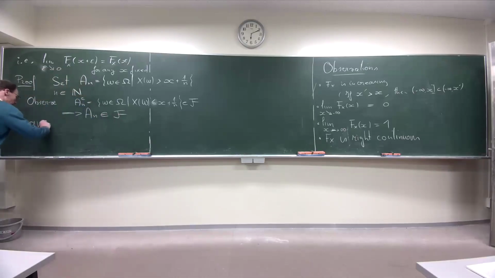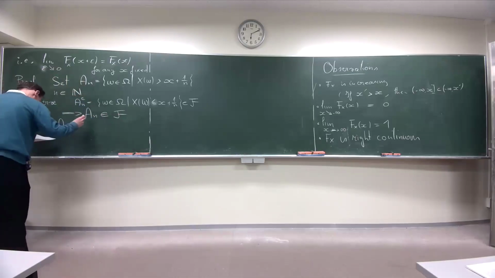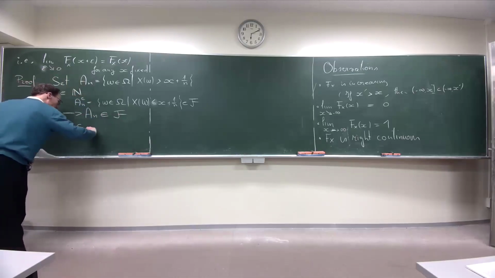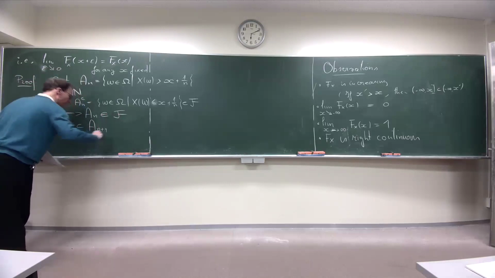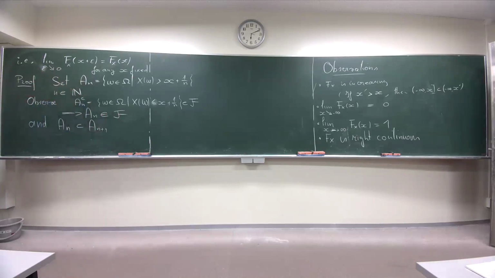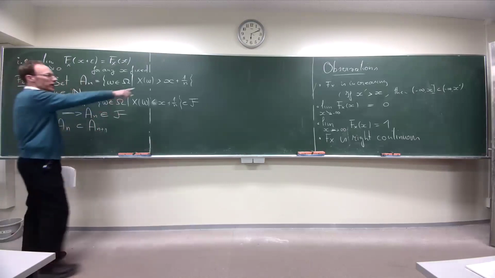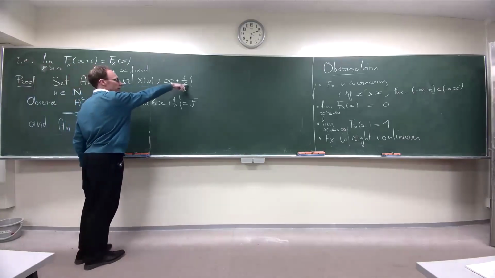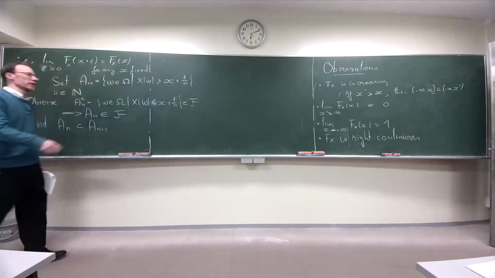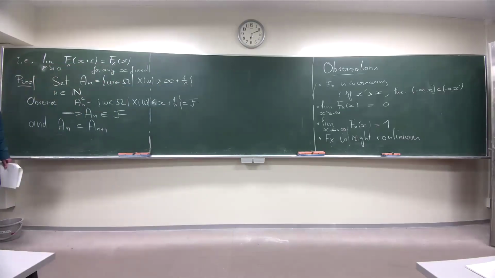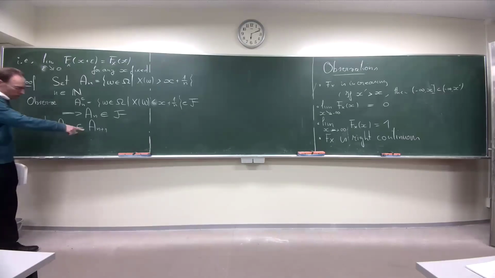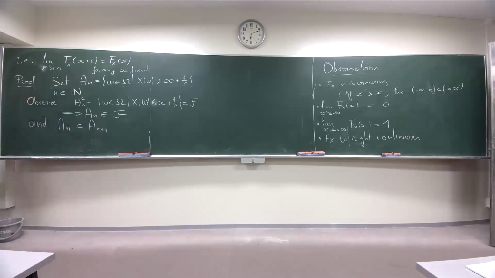And the second observation is an inclusion. A_n is included in A_{n+1}. Check: if you have n plus 1, 1 over n plus 1 is smaller than 1 over n, so it means this inequality.